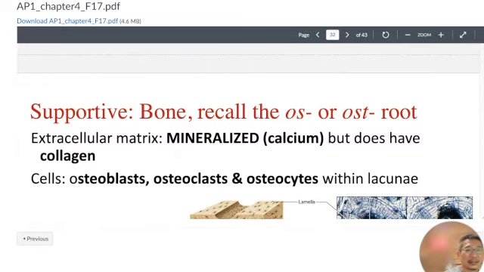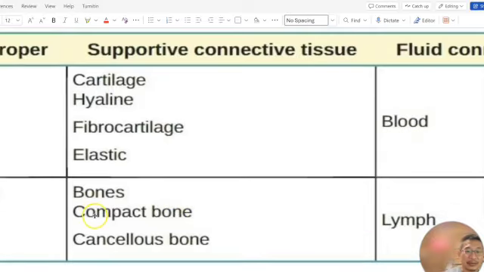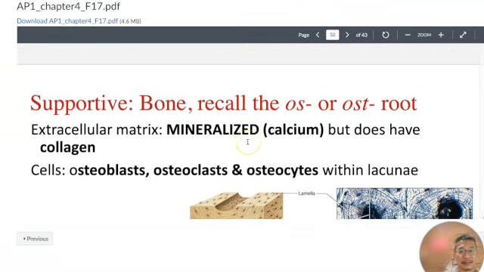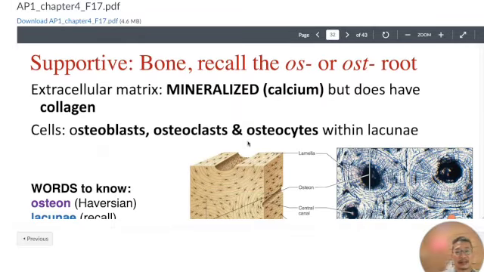Now we're going to look at supportive tissue of the bones. We're going to look into compact bone and cancellous bone. Bones, recall the word osteo, which is bone. The extracellular matrix is mineralized, is hardened, which is calcium.